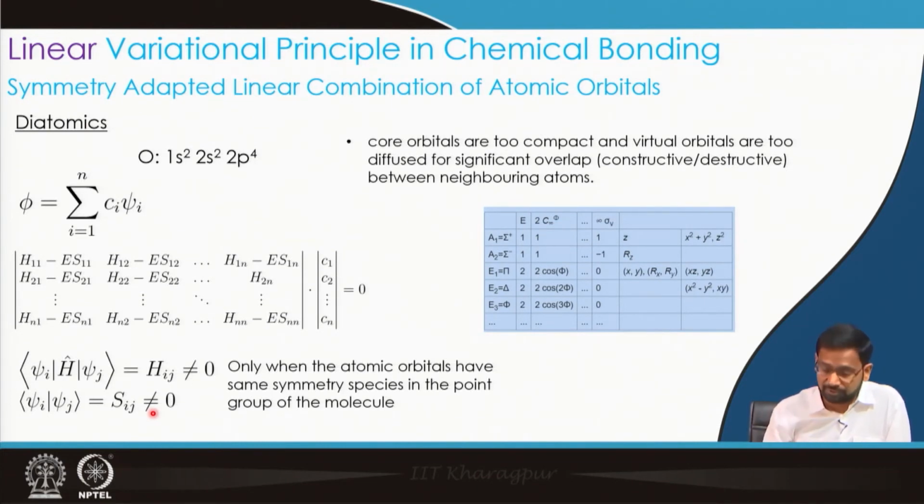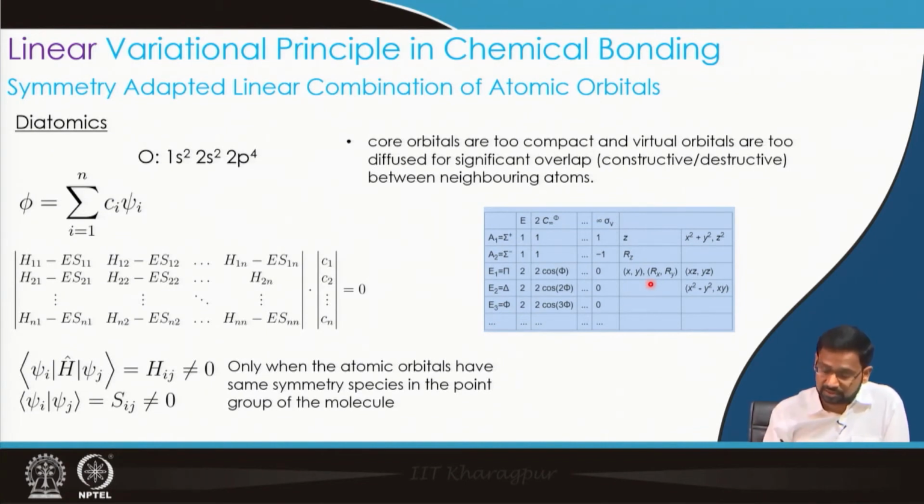Now, in C infinity v point group, in the character table, you have here in this top row, the symmetry elements. The first column represents the irreducible representation. These are the characters in the character table. What you see in the last two columns is what we are going to use. For example, the last two columns tell me the translation, the rotation of the system, different orbitals, what kind of symmetry do they represent.